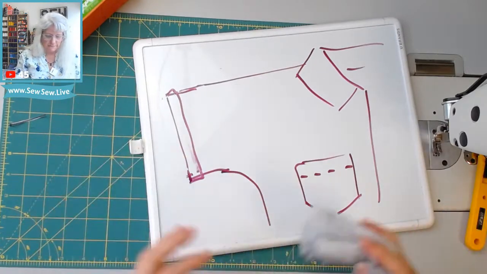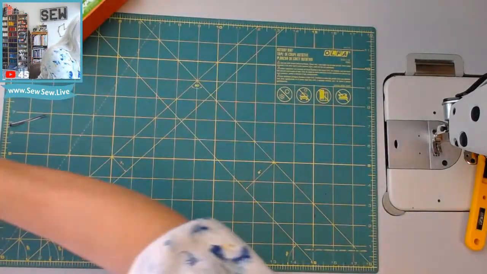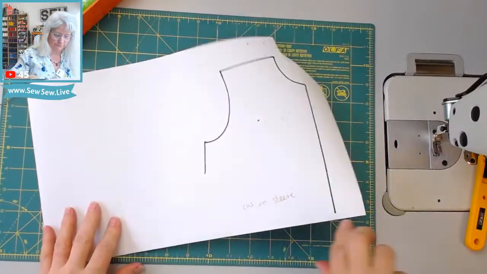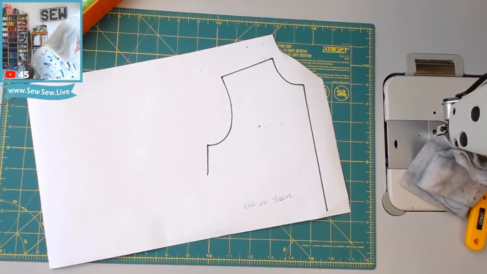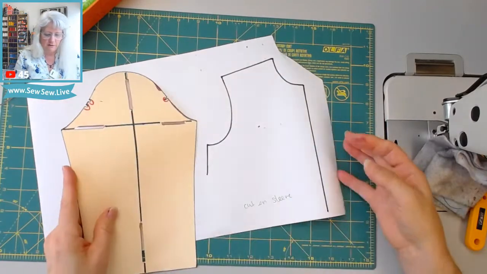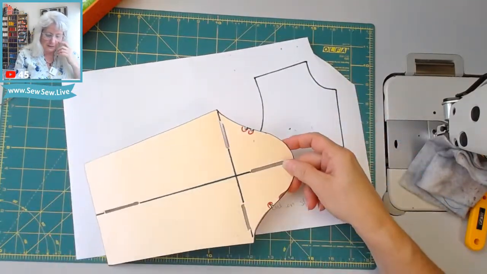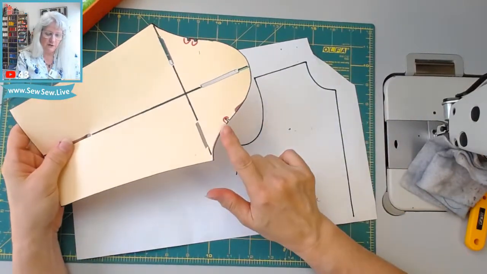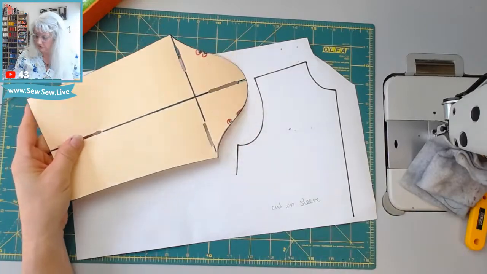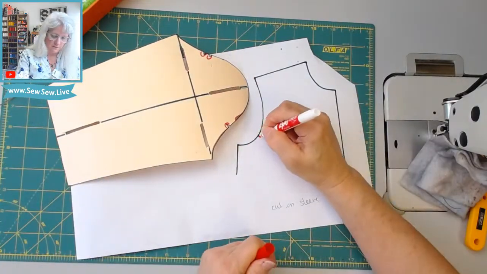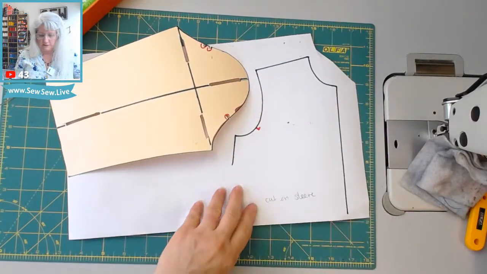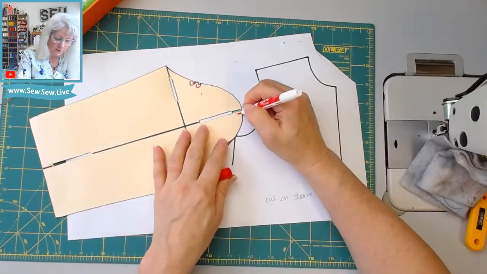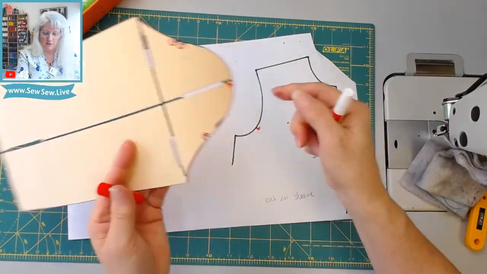So let's see if we can do a cut-on sleeve. All right, so I have my sleeve here. When you look at the front of your sleeve, you have your notch, and usually a little notch right here. On your sleeve, there's usually also a shoulder notch, right?